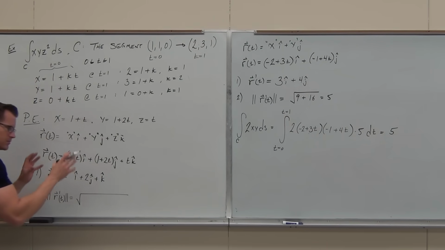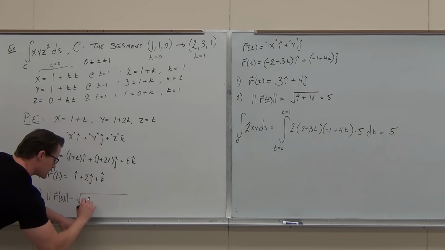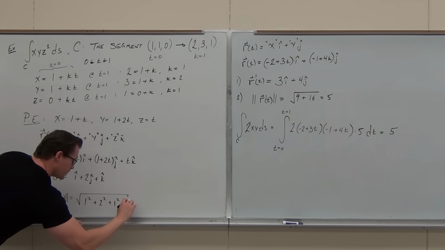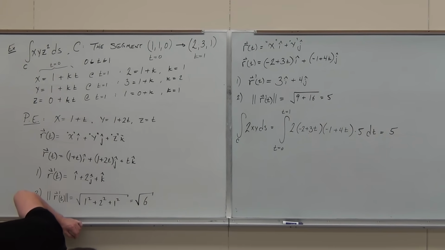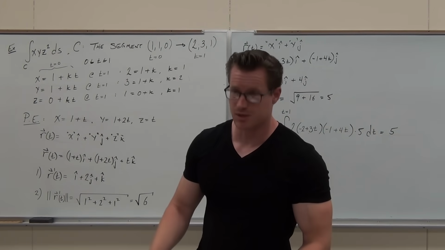Magnitude, even with three-dimensional vectors, still is square them, add them, square root them. Hopefully, you got the square root of 6. Did you get the square root of 6? Yes.